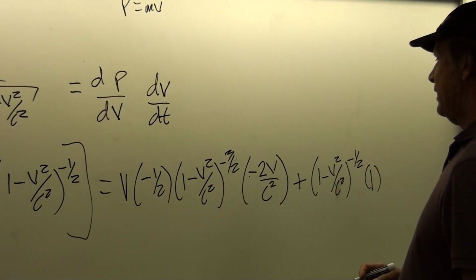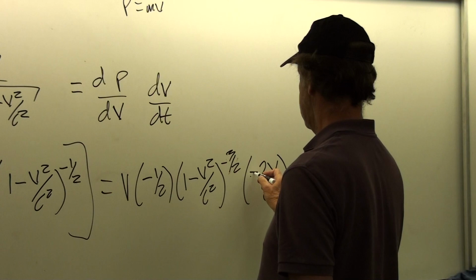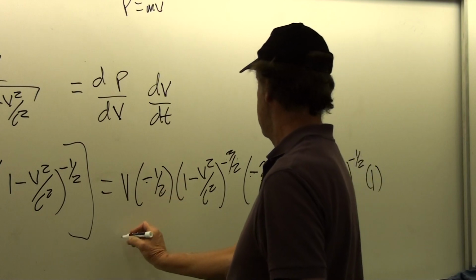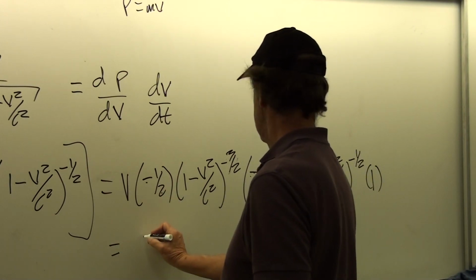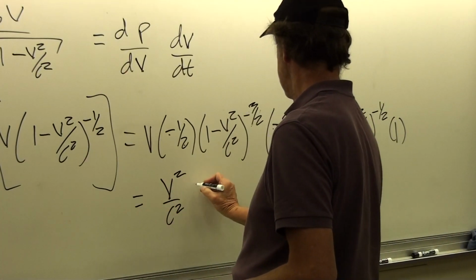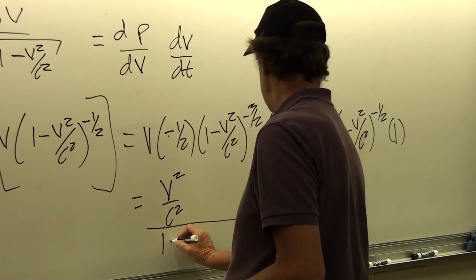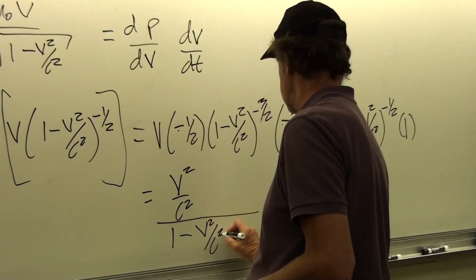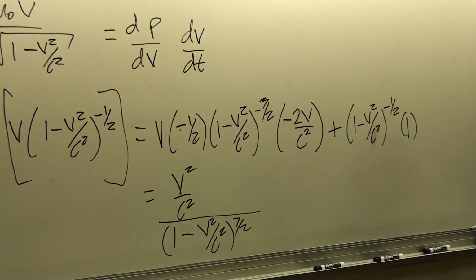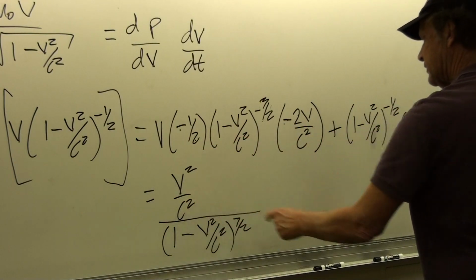Okay. And so here this minus is going to cancel out with that minus. That 2 is going to cancel out with that 2. And so basically then what we have here is v squared over c squared divided by 1 minus v squared over c squared to the 3/2. Okay, so that's this term. So here's our v squared, the minuses cancel, the 2's cancel, so it's just v squared over c squared.